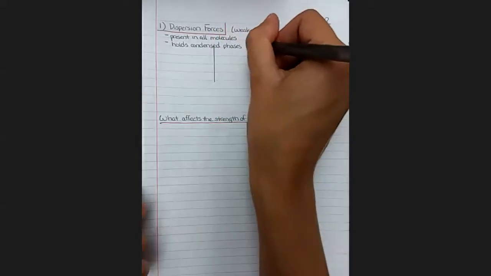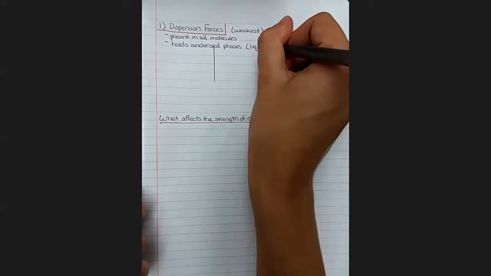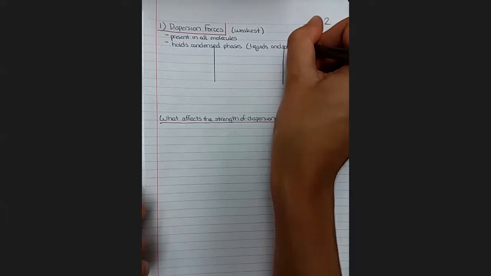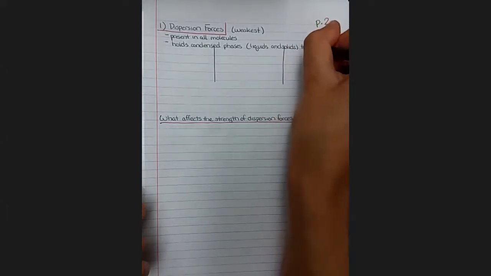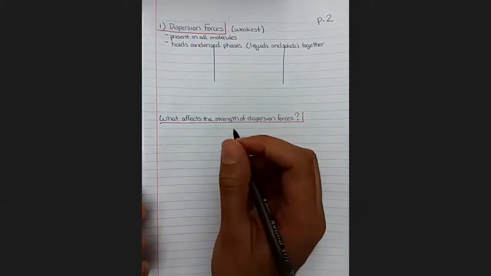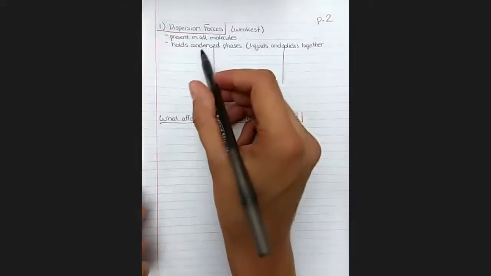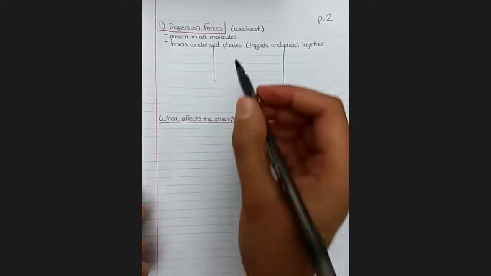And when I say condensed phases, I mean liquids and solids, non-gas phases. So this is the reason that liquids and solids of things like the noble gases can exist. We have liquid helium at very, very cold temperatures. This is the reason that helium is able to reach a liquid phase.